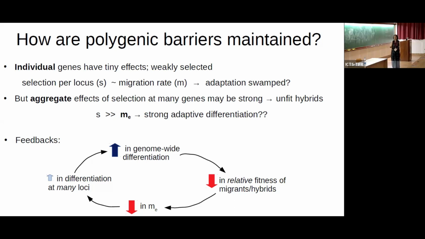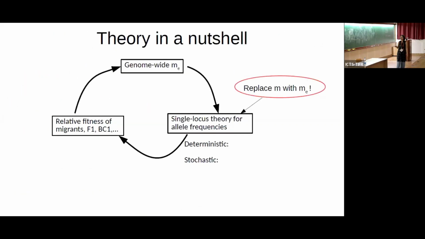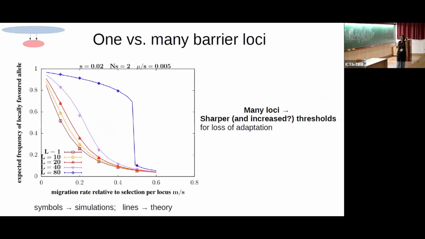So slight changes per locus can be amplified by having many more of these loci, and these kinds of positive feedbacks give rise to these sharp thresholds.